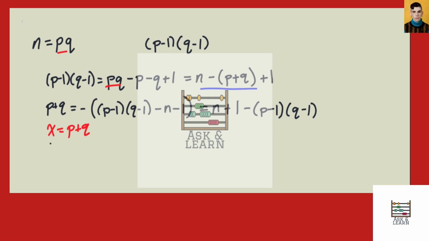Then what we get is that x is equal to n plus 1 minus (p minus 1)(q minus 1). And, or I should say, x minus p is equal to q.